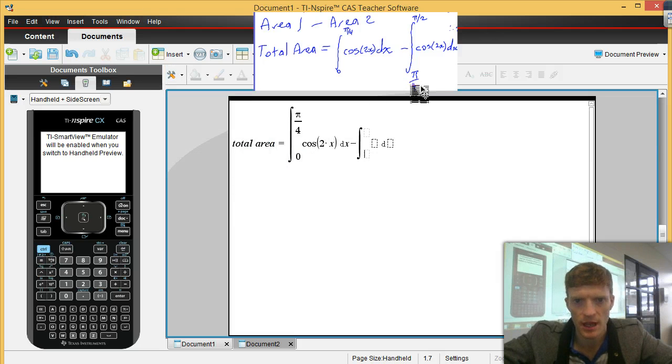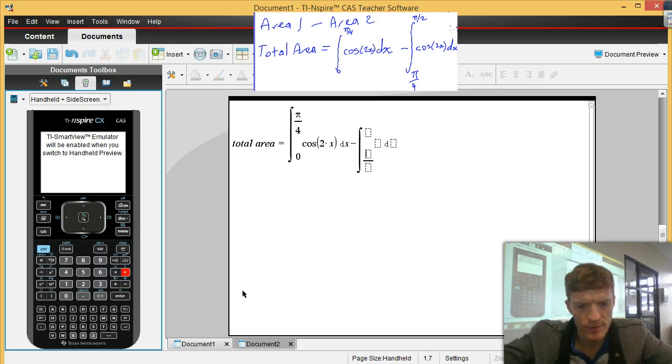Now lower limit again from pi on 4, and it's like picking up where we left off. We left off at the upper limit of pi on 4, so in the next one we're going to start at that spot where we left off at pi on 4. Make sure we cover all the region with no gaps.